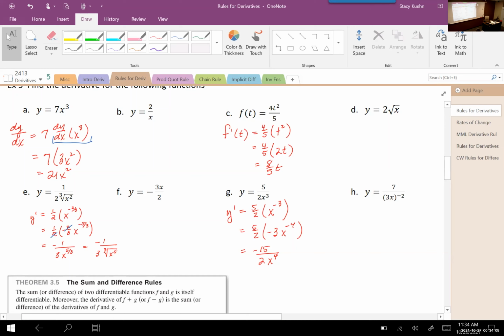And write it without a negative exponent. One step further. Got it? Similar answers?